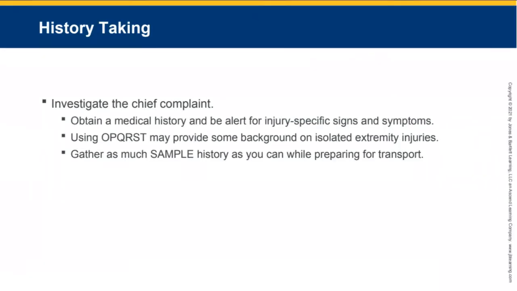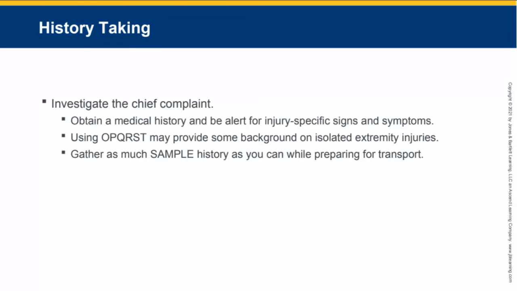Once you have assessed and managed your ABCs, you should have some questions to answer. One, what is the patient's GCS? Two, is it a load and go patient or a stay and play? Three, does this patient require a rapid scan or focused exam? That comes after your ABCs. And of course, what is the priority?